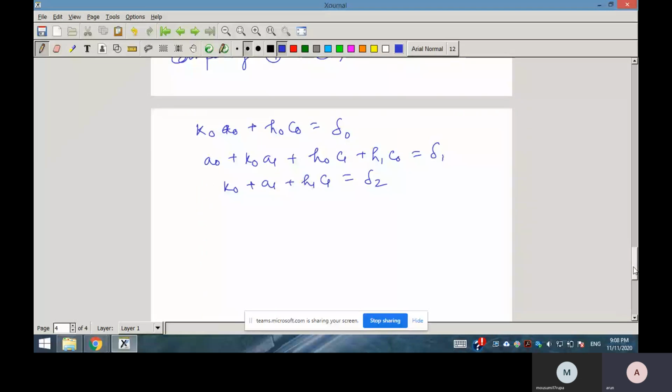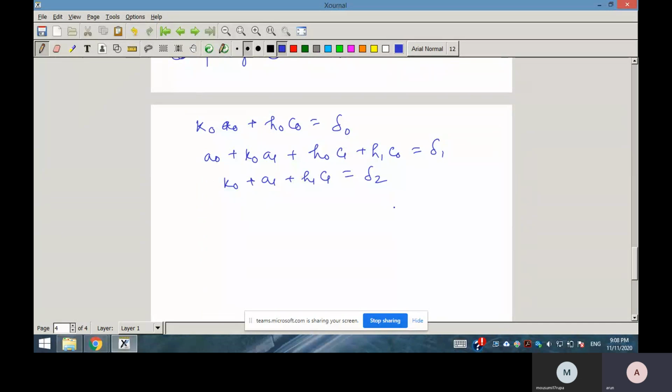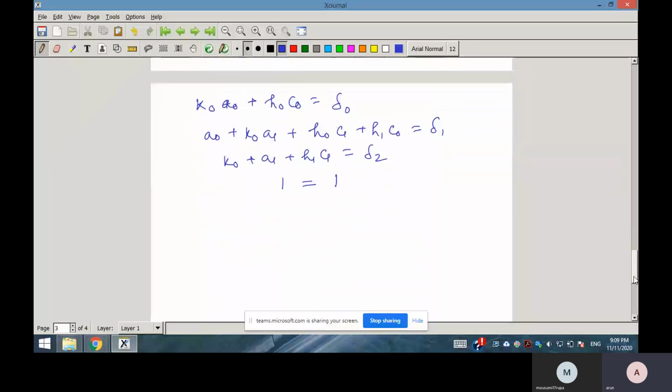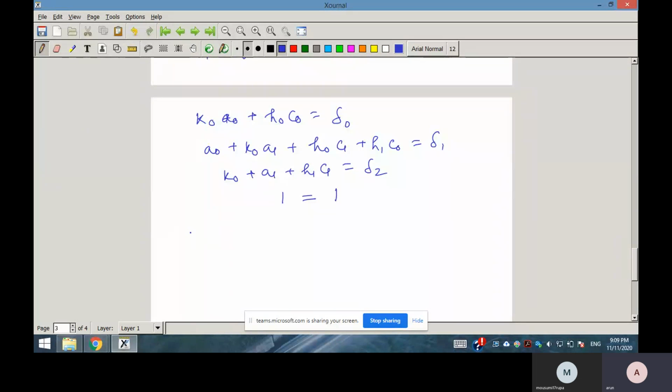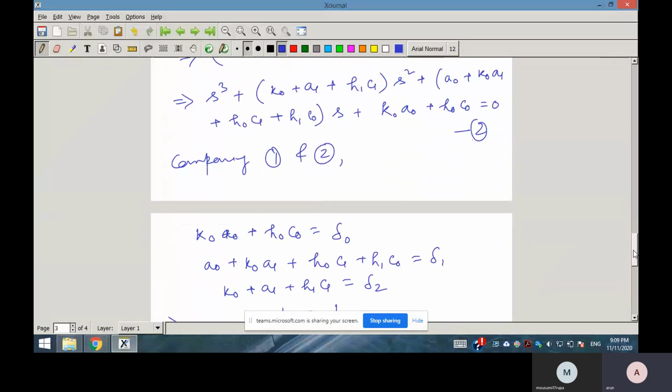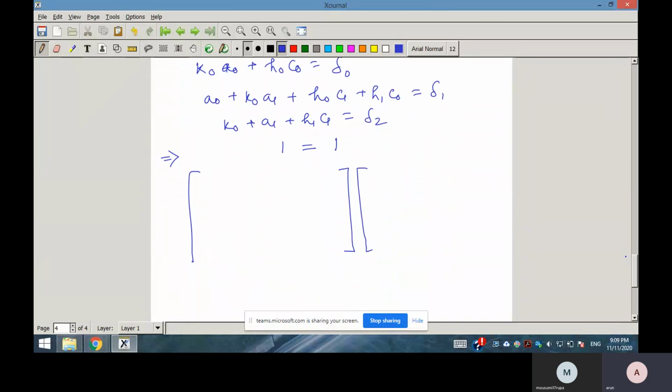Now, another case we are getting 1 is equal to 1, by taking the coefficient of s to the power cube. So then what kind of equation are we getting? I want to write this kind of equation. What is the coefficient of denominator polynomial? k naught 1.